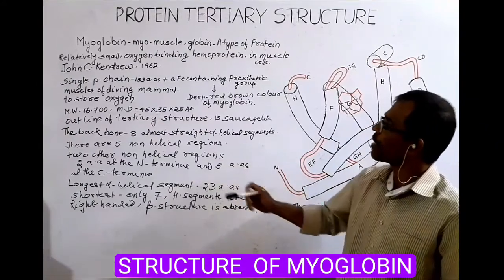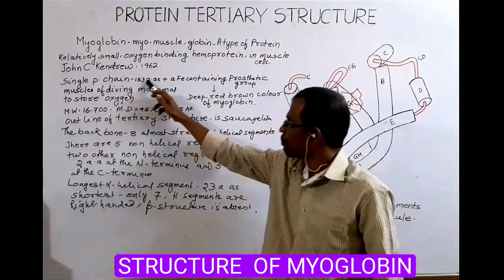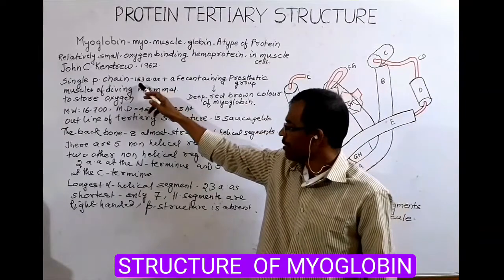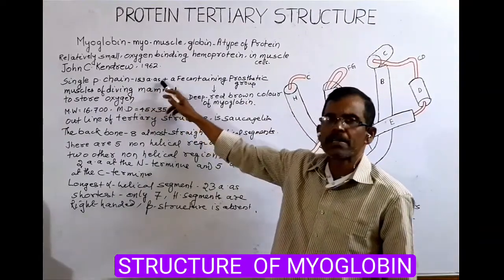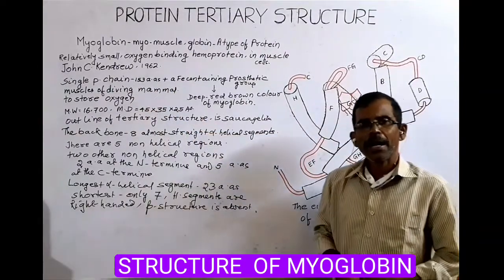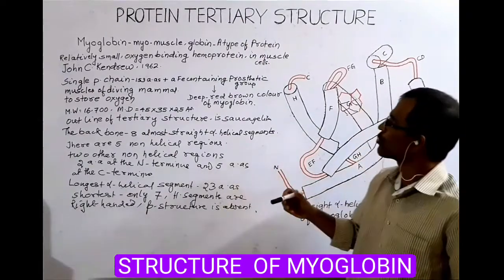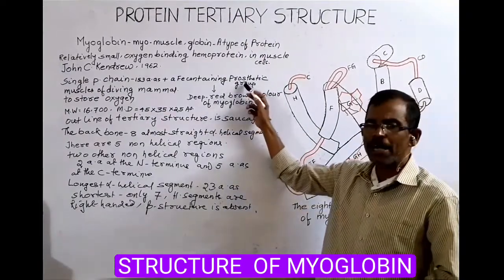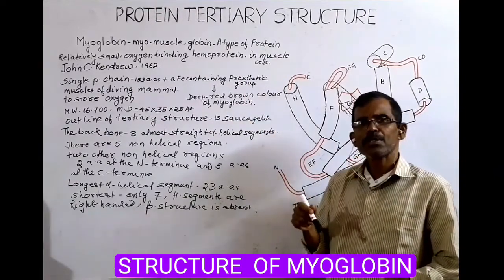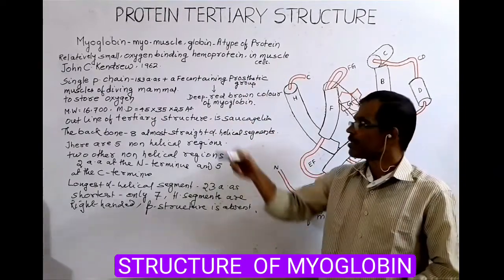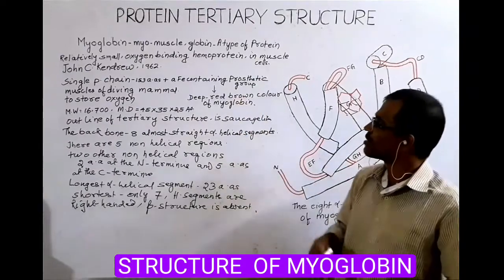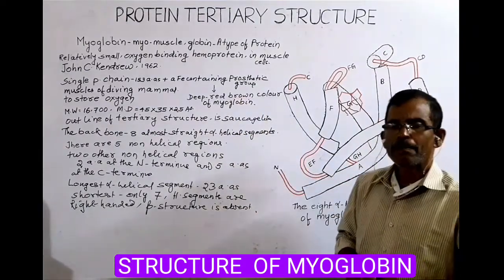The protein part is a single peptide chain that contains 153 amino acids, and the non-protein part is an iron containing prosthetic group known as heme. Because of the presence of heme, this protein is called a hemoprotein.